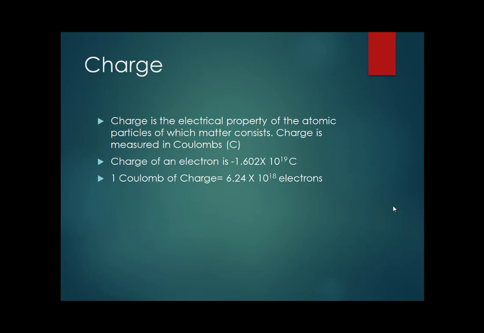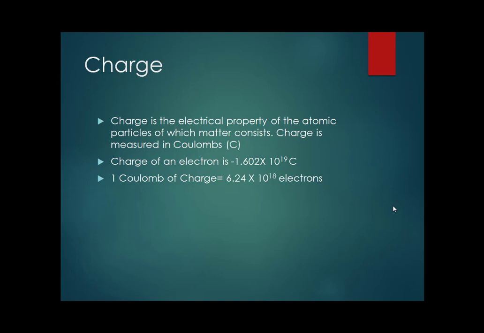So the first one is charge. The definition of charge is the electrical property of the atomic particles of which matter consists. Charge is measured in coulombs. The charge on an electron is minus 1.602 times 10 to the power minus 19 coulomb.